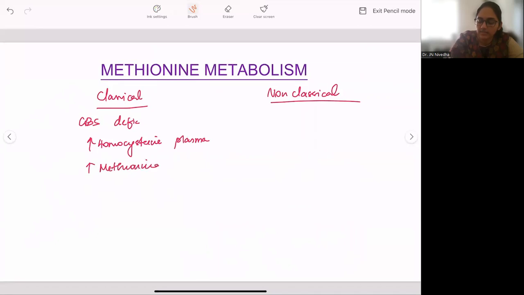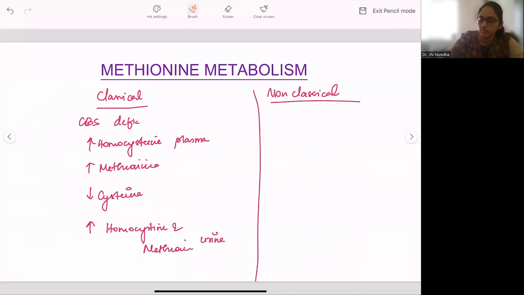So methionine levels are also elevated in plasma, but there is decreased formation of cysteine. Also, you have increased homocysteine and methionine in the urine. So this is the classical form.